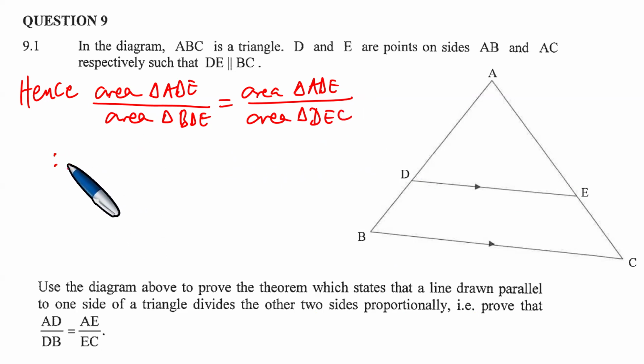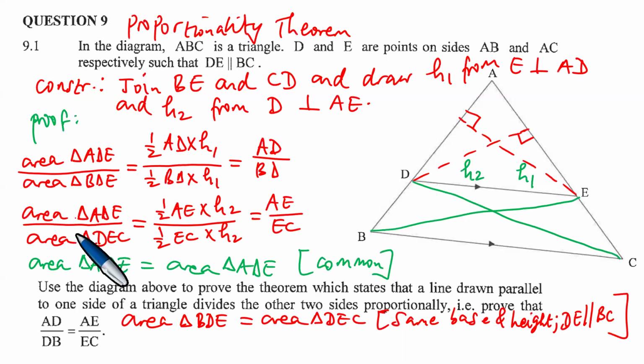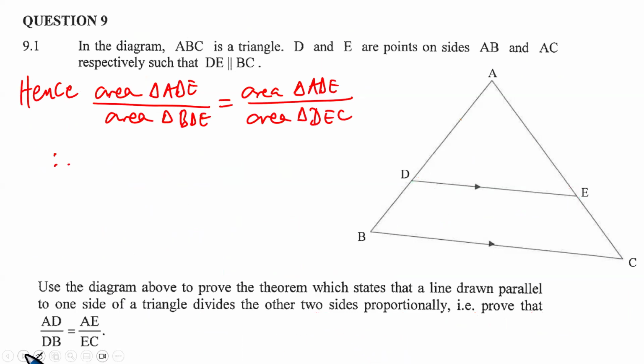In other words, we have taken it from here. We are really saying at this point that ADE equals ADE in area, and triangle BDE is equal to triangle DEC in area. So ADE equals ADE in area, and the area of triangle BDE equals the area of triangle DEC.